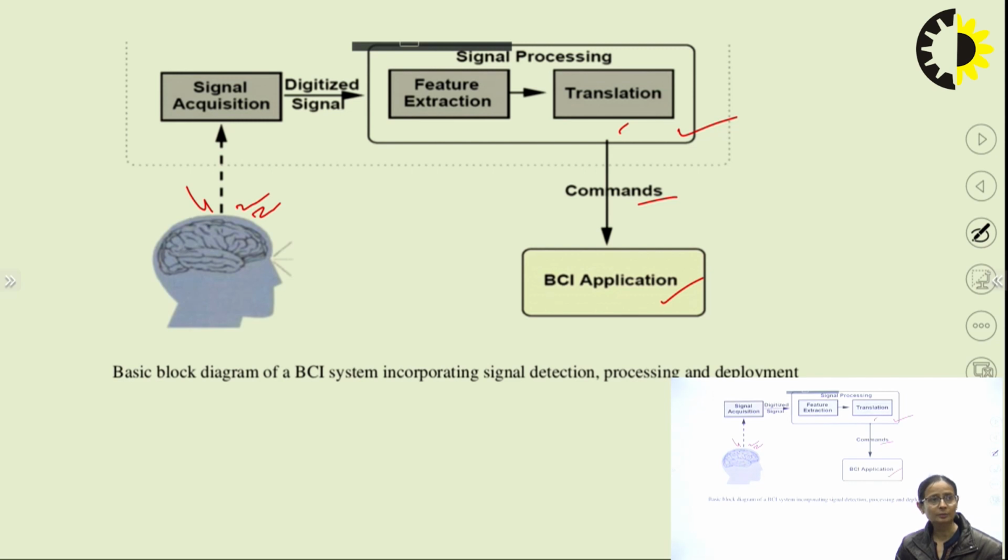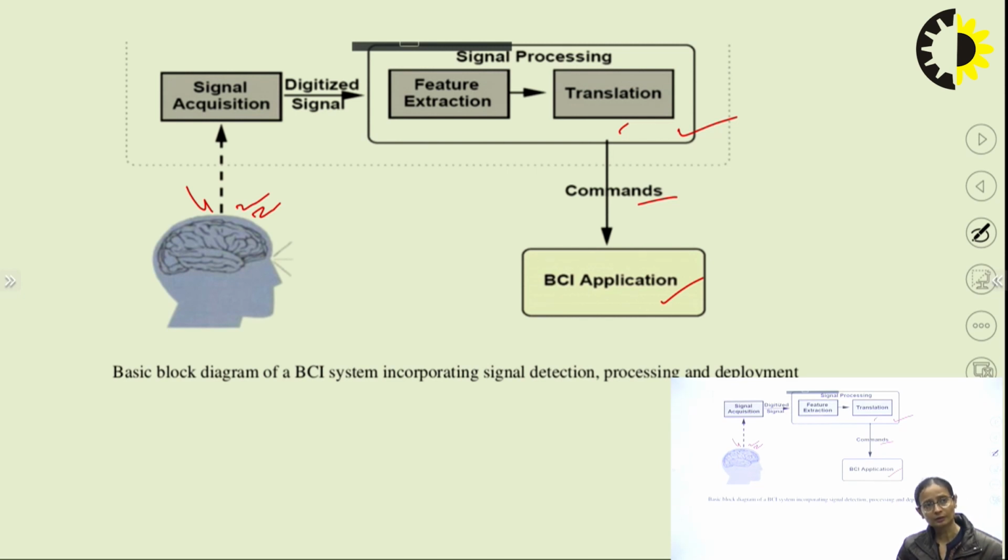So what is happening basically? First the signals are sent, with the help of the electrodes, to a particular center which is the signal acquisition section.